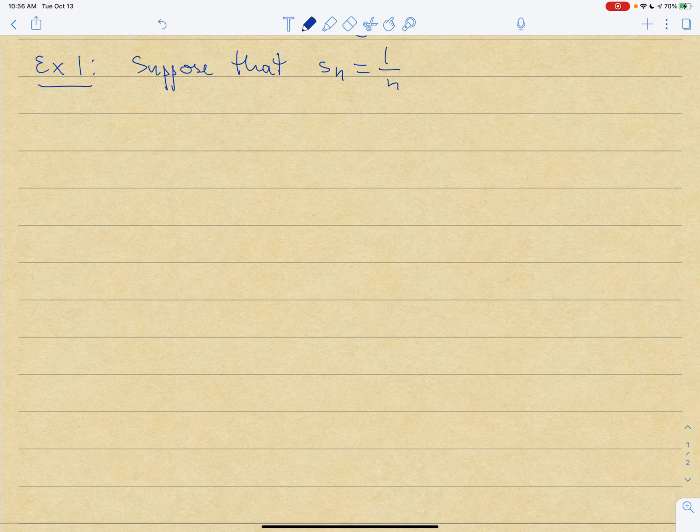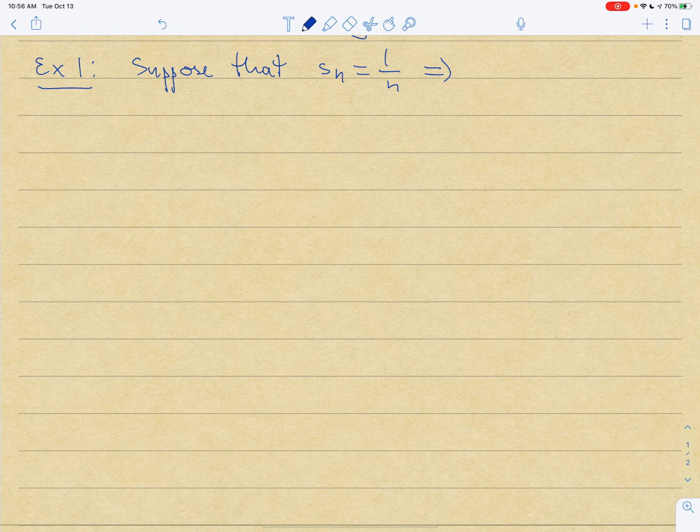Then if I want to decide if the sequence is increasing or decreasing, I have to compare Sn plus 1 to Sn. So then, for any n greater or equal to 1, Sn plus 1 minus Sn is equal to 1 over n plus 1 minus 1 over n.